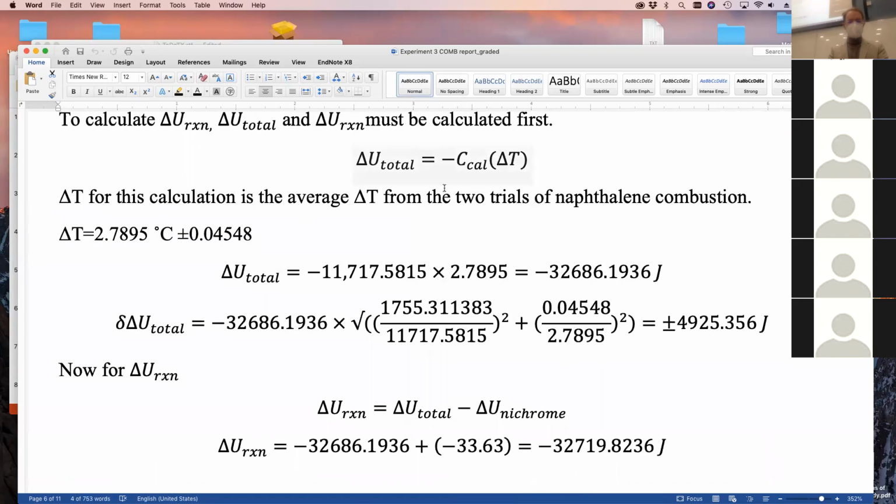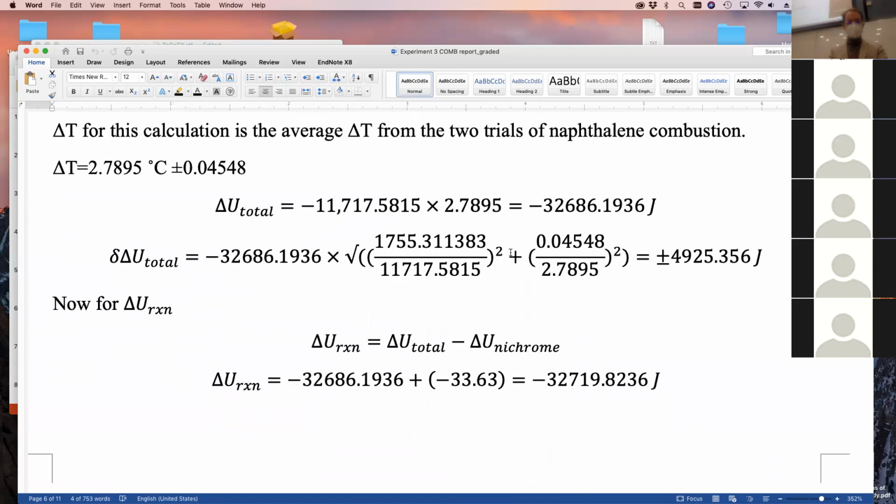Okay, and then in the second portion of the experiment, basically they measured the heat of combustion of naphthalene and determined based on that number its heat of formation. And so the calculations for the total energy release, right? Internal energy change is given here.